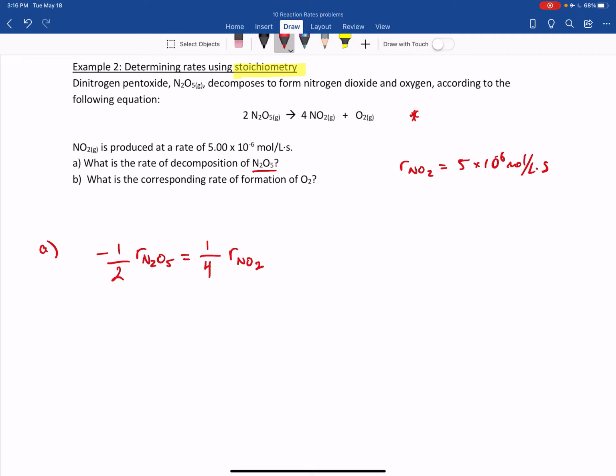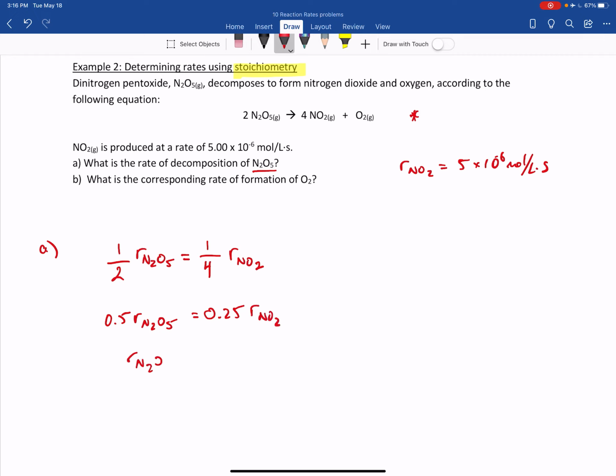So what we've created here is essentially a mole ratio. Right? If you don't like fractions, you can convert that to decimals. Now we're going to ignore the negative sign here because the rate should always be positive. We're going to have the rate of N2O5 is equal to 0.25 times the rate of NO2.